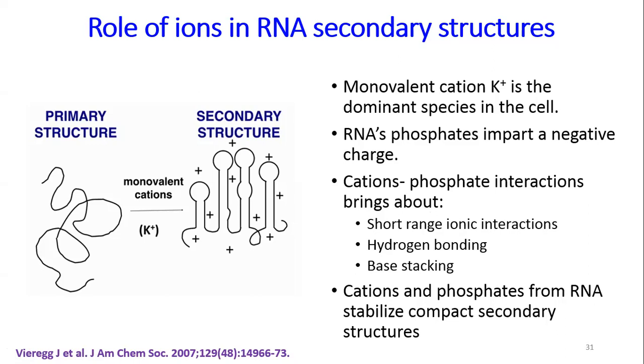stack upon each other. It is these K plus ions that are said to guide the stacking of bases upon each other properly. So these cations and phosphate from RNA are known to stabilize compact secondary structures.